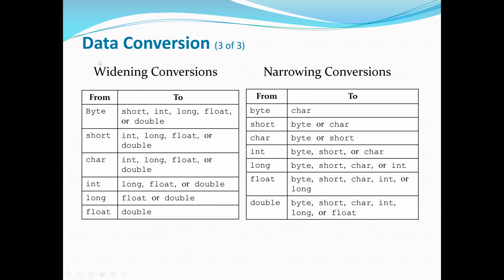So for an example of widening conversion, as we said, widening means we are changing a small data type to a larger one. So we can see byte is smaller than short, int, long, float, and double. Narrowing, we can go the opposite way. We know char is bigger than byte. So short, we convert to int, long, float, or double.